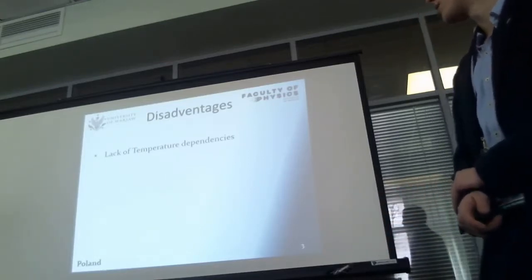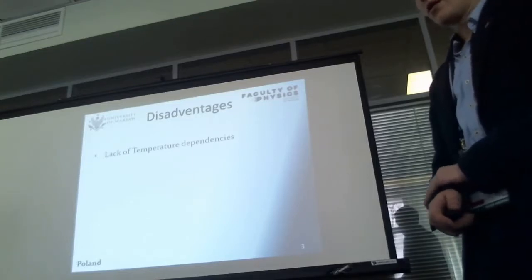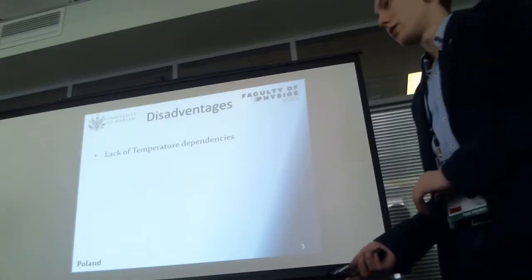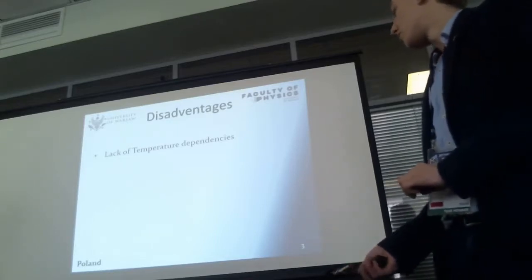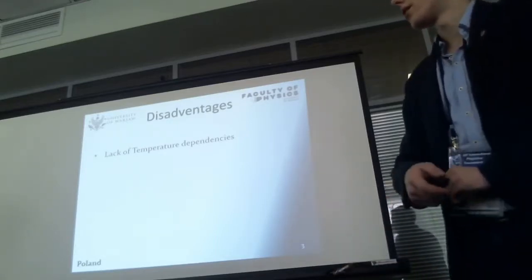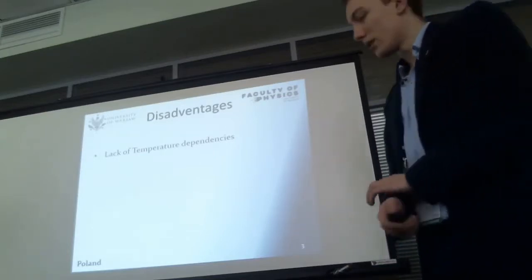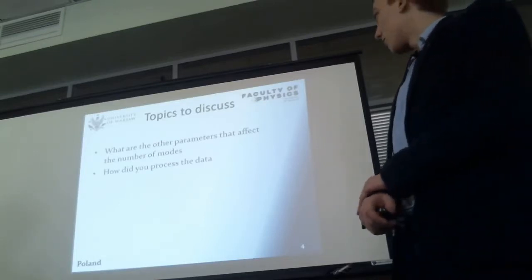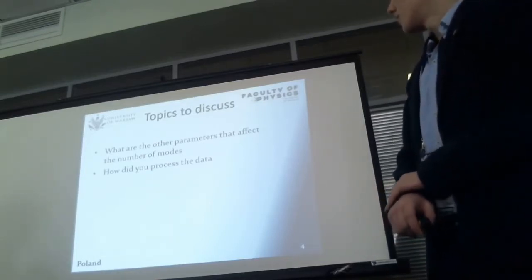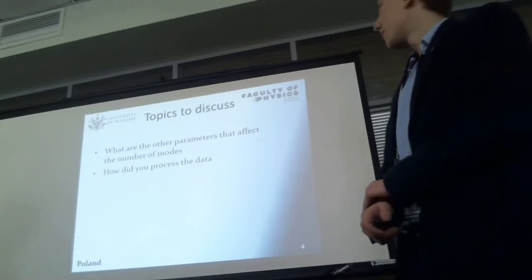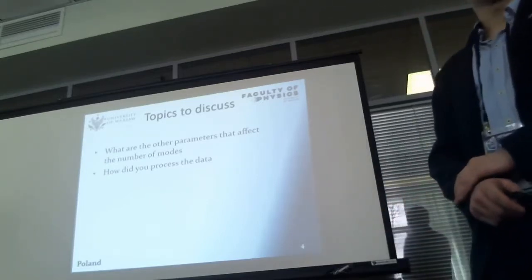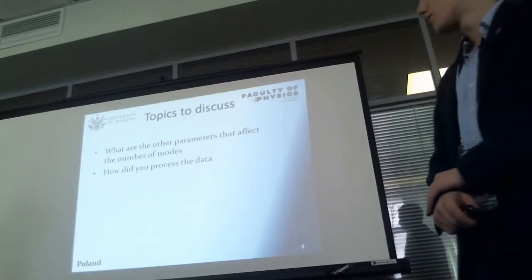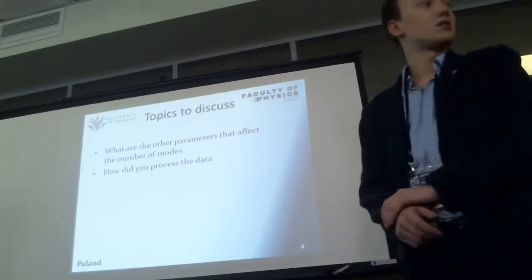But have you checked if this expression holds for different fluids, for example, ink dissolved in alcohol, or ink dropped into alcohol, something like that? We also want to discuss two things. Do you have any idea if there are any other parameters that can affect the number of the modes, and how did you process your data from this experimental setup of yours?